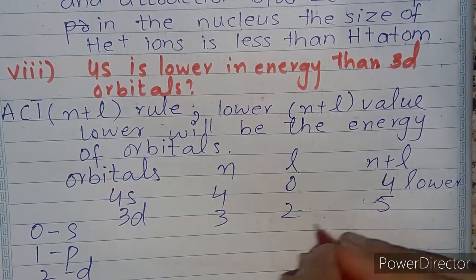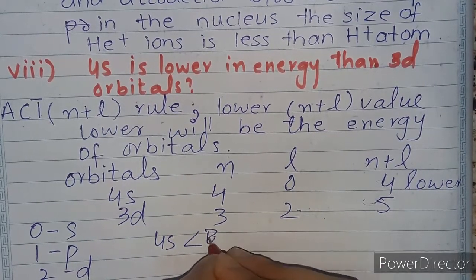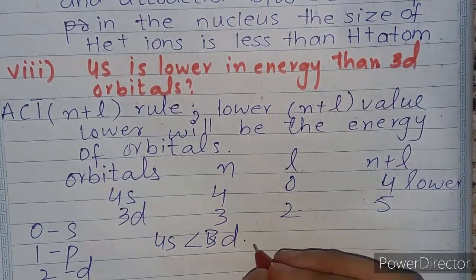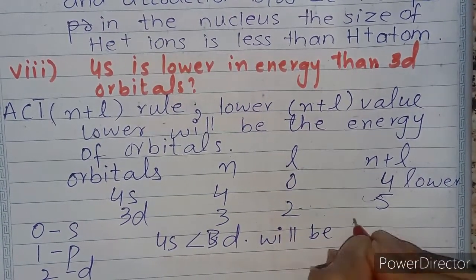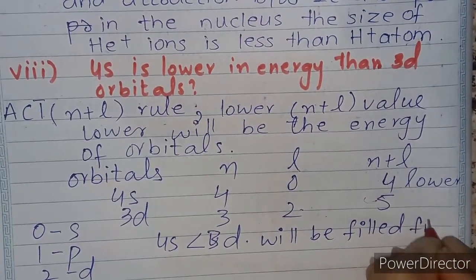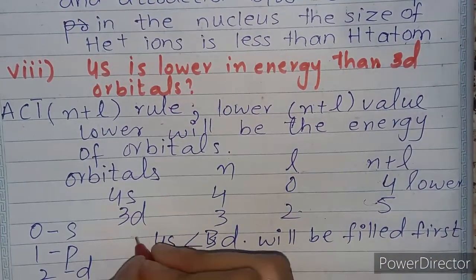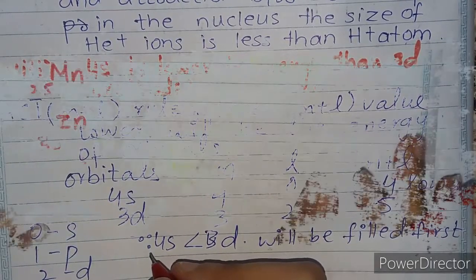So 4s would be less than 3d and will be filled first. Then moving towards part 9.